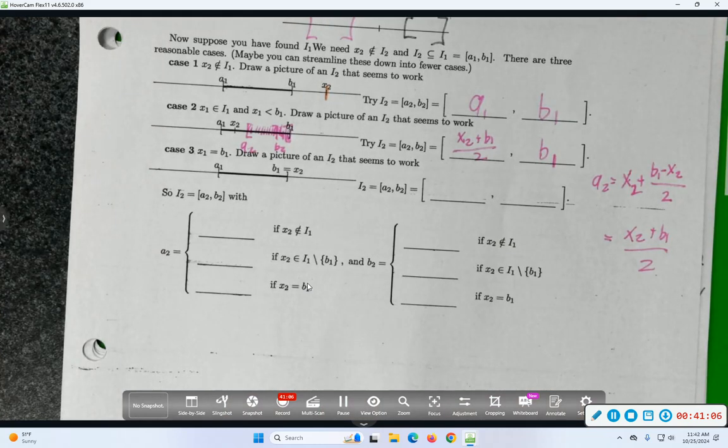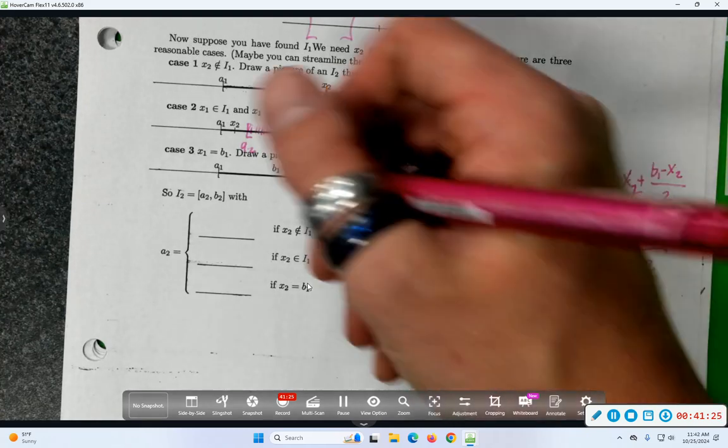The only time that will be bad is what if x2 is literally equal to b1? Then the average between two things is a point, and we'll be down to a single point. Well, that's bad. Intervals are not equal to single points. So, separate case.